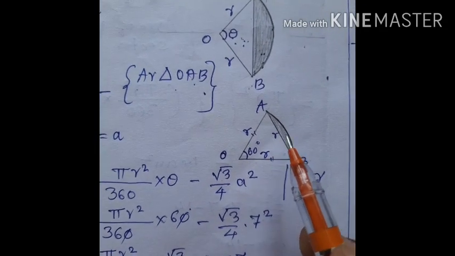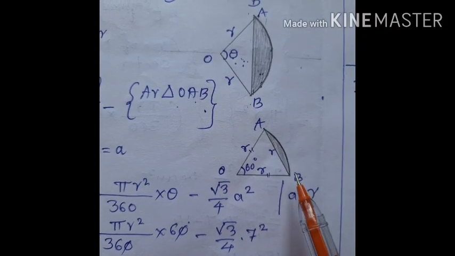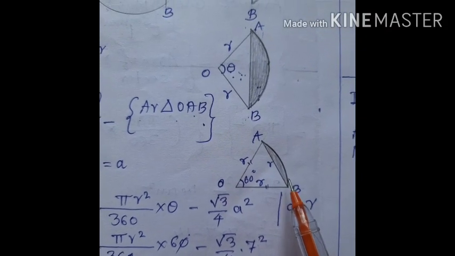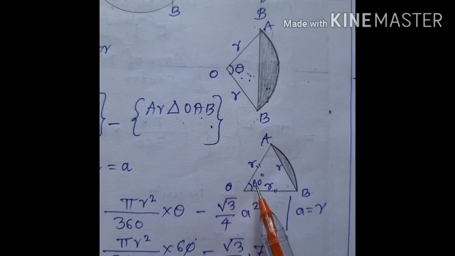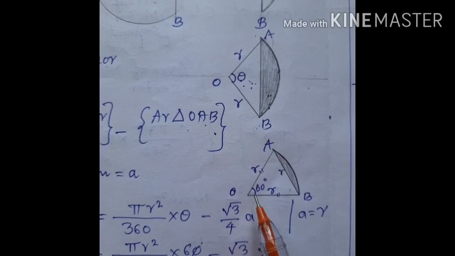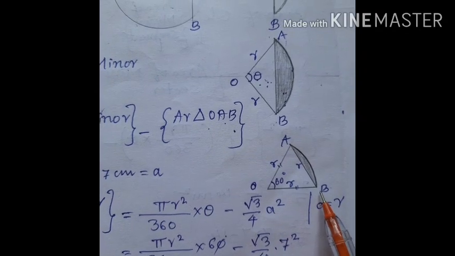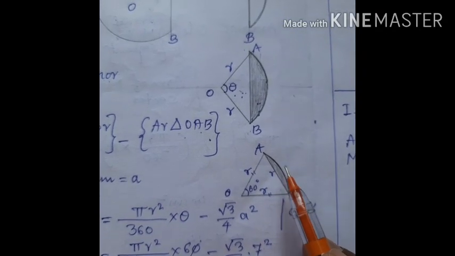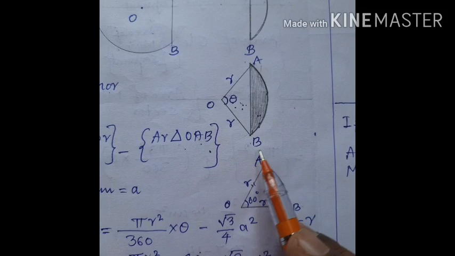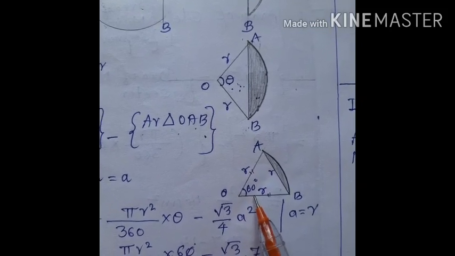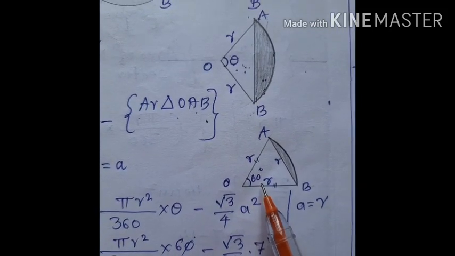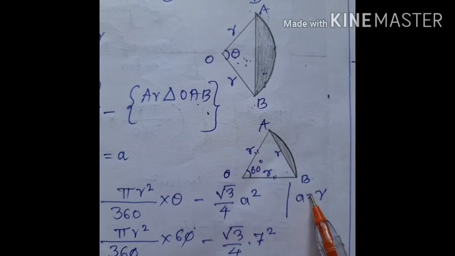Find the area of this segment if the sector angle is 60 degree and the radius is 7 centimeter. Look at me here, children. Here OBA is the sector and the sector angle is 60 degree, and here AB is the chord.